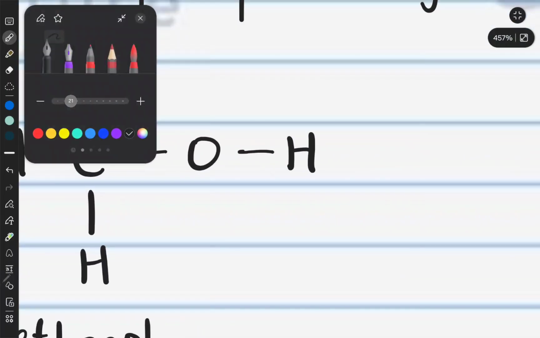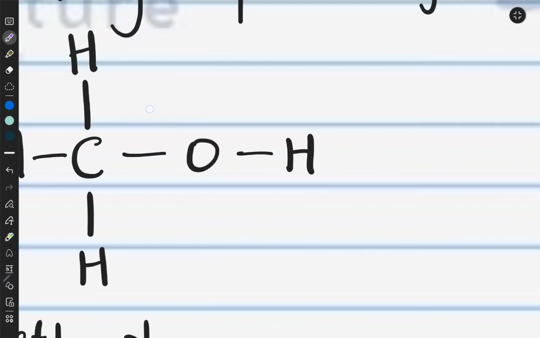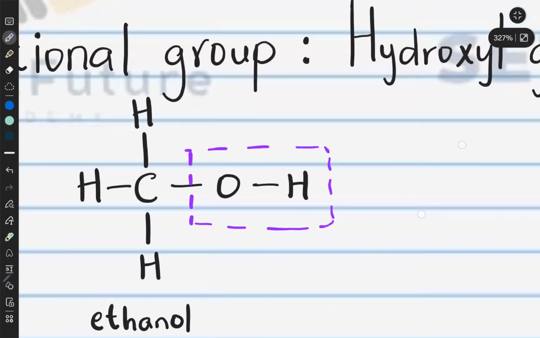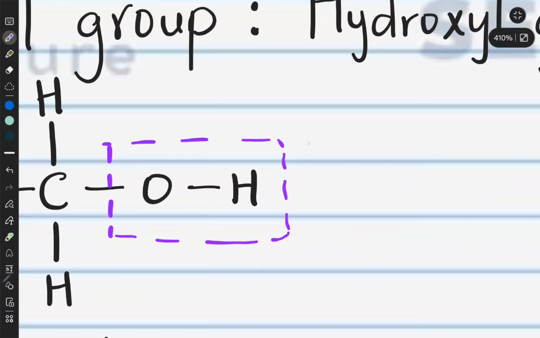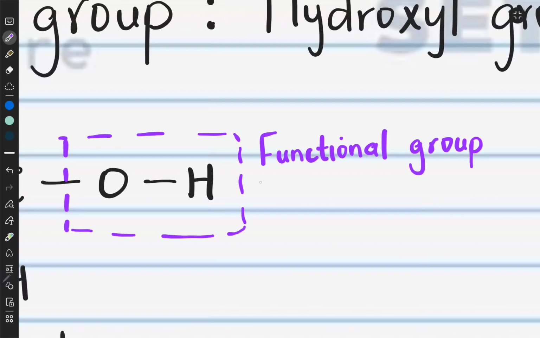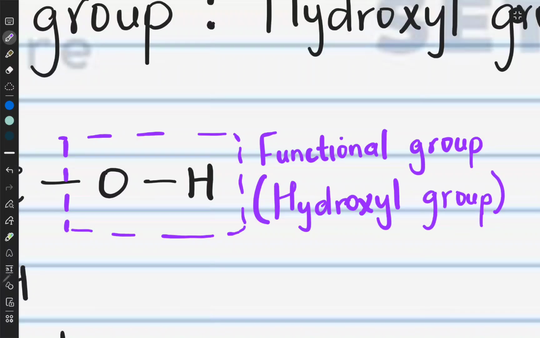And this is the hydroxyl group, and it's our functional group. Okay, so that's what we mean.